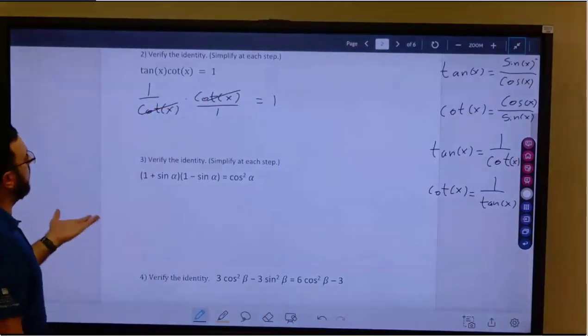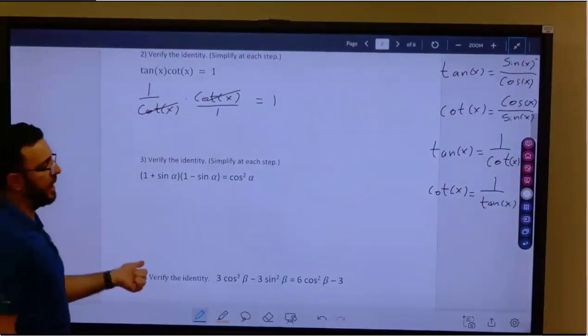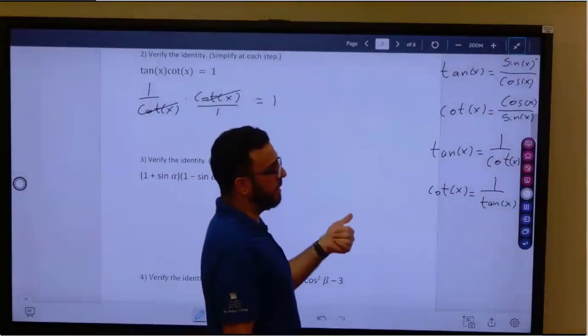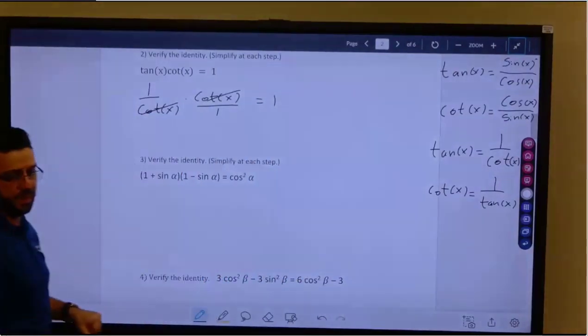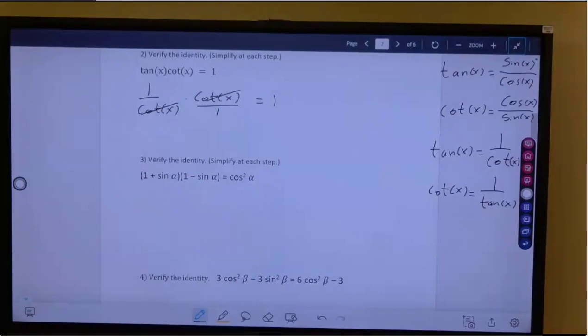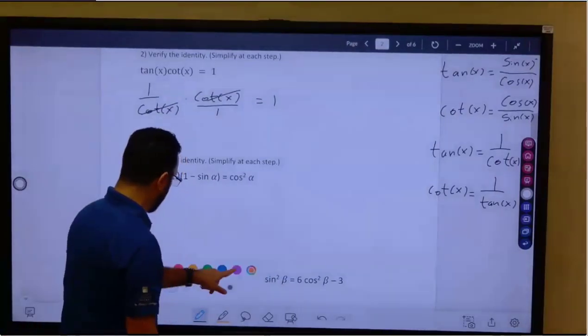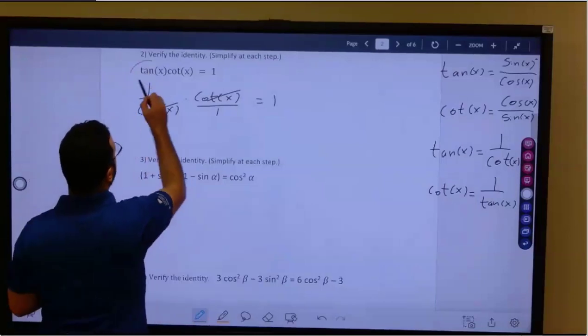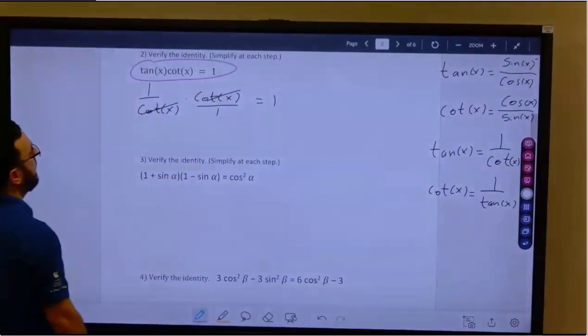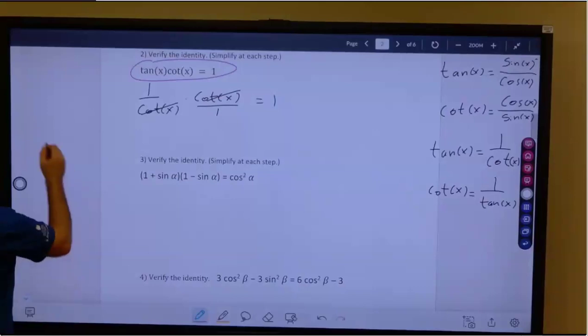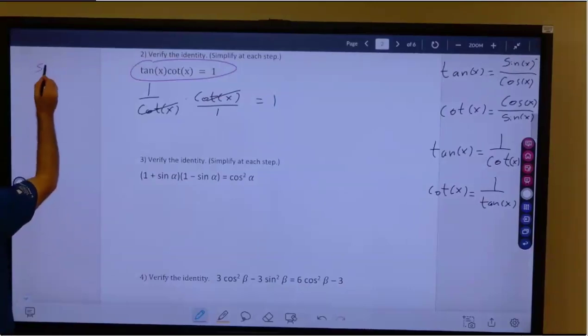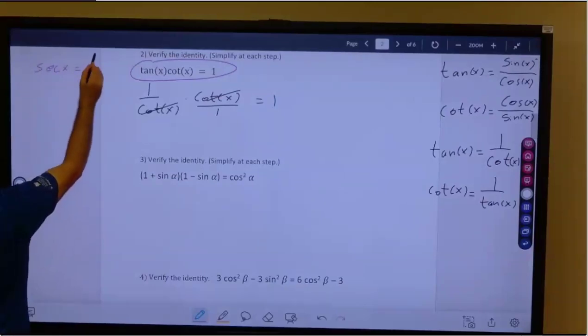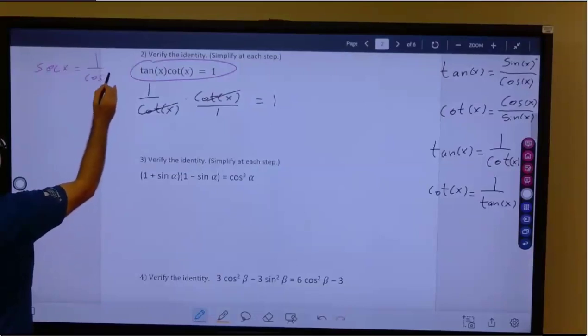The same thing with secant and cosine. Secant goes with the cosine. So there is another rule, which means this is an identity. Every time we multiply tangent by cotangent we get 1. The same thing, we already know the secant x equals 1 over cosine x.